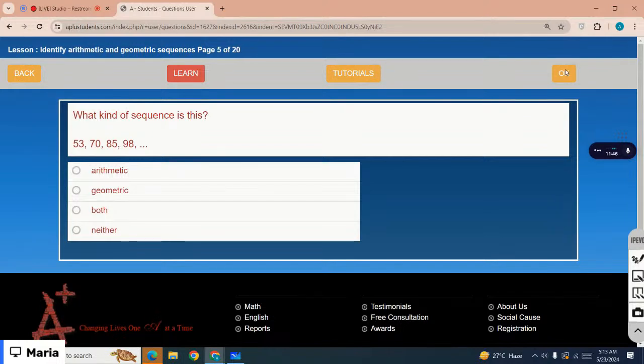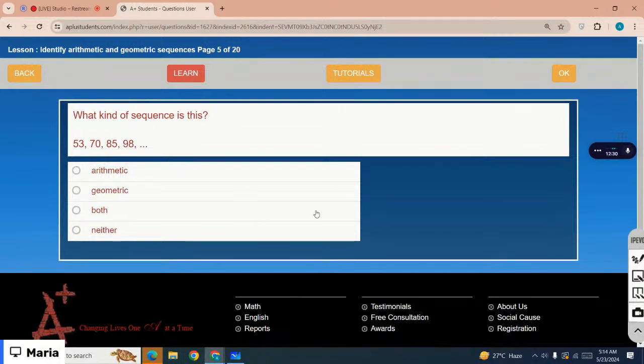What kind of sequence is this? Which is the correct option? That is neither arithmetic nor geometric.